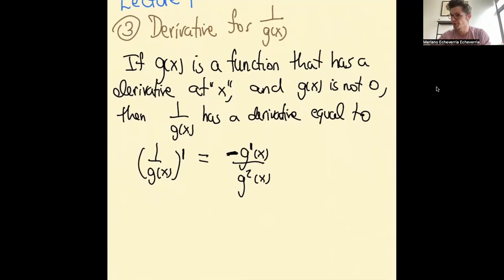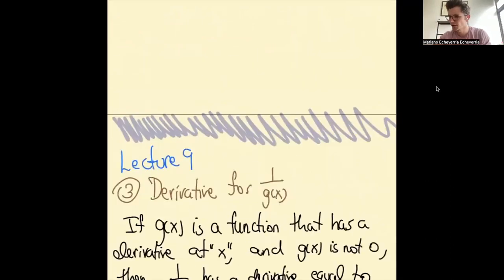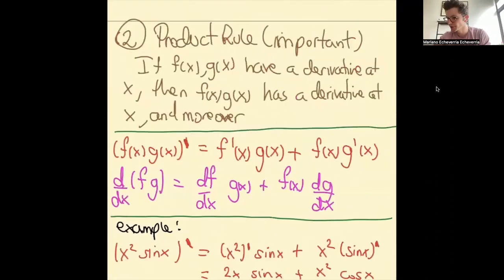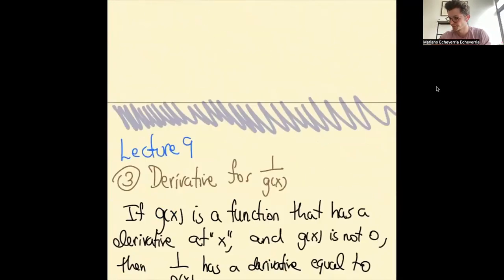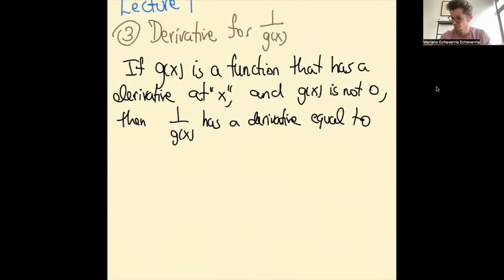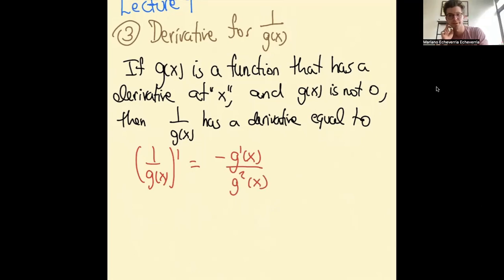Or alternatively, let me use a different color for this. I'll write it again, but with a different color. What color have I been using for this? Okay. So that's it. That's the formula for the derivative.